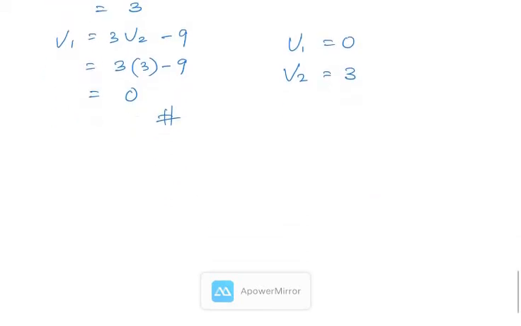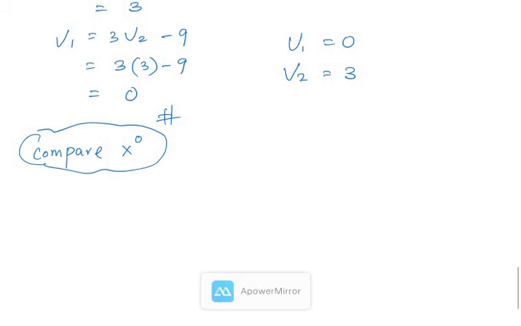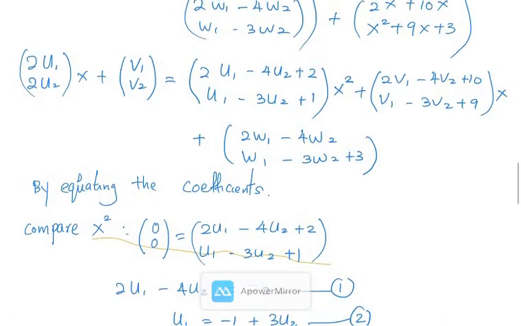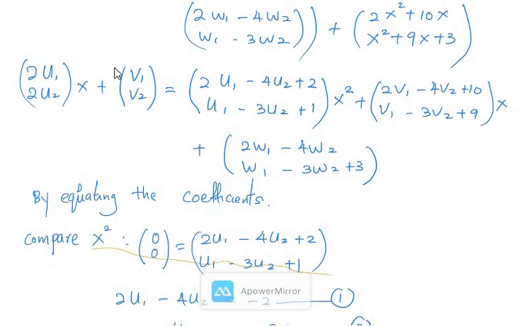Okay, next I want to compare for x power of 0. I have the v1, v2. If you refer to this one, I have v1 and v2 and also the last part here.